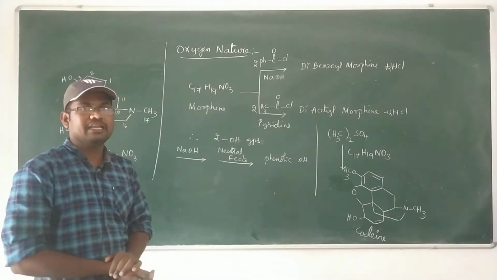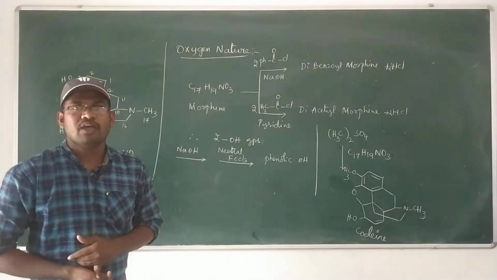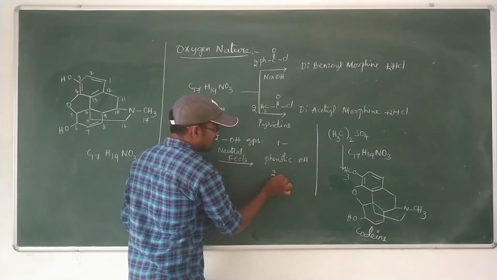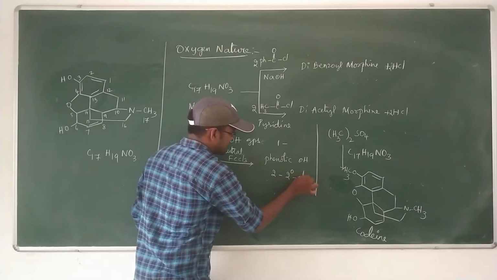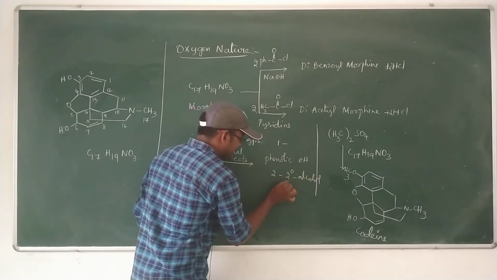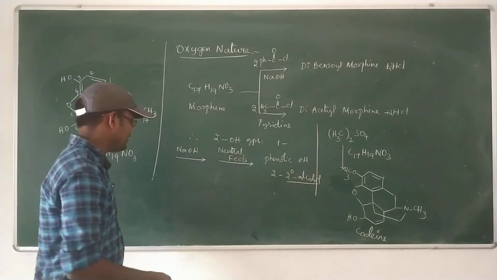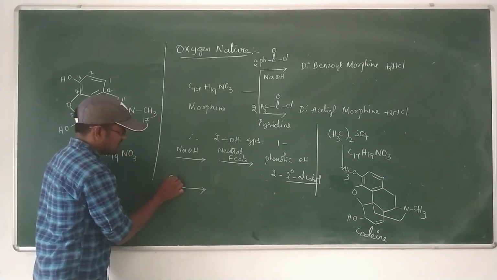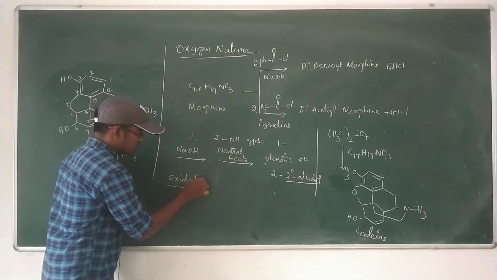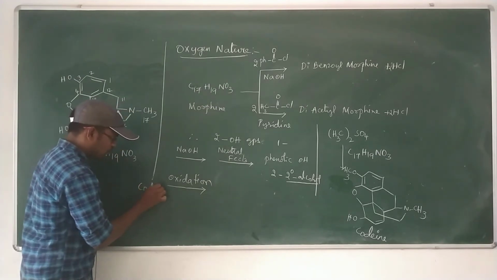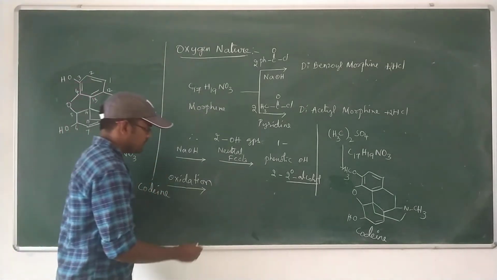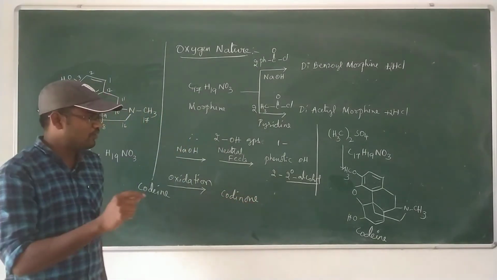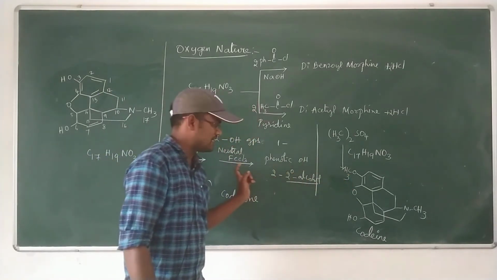The reaction clearly indicates that morphine has one phenolic group, and the second one is a secondary alcohol. The secondary alcohol group is indicated with the help of another reaction: codeine undergoes oxidation, resulting in codeinone. Codeine has an OCH3 as it is.